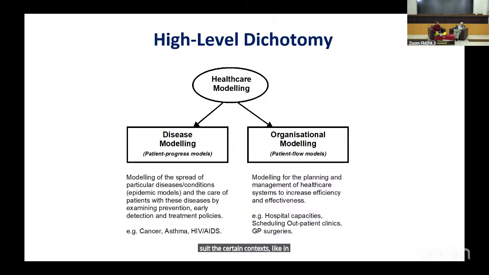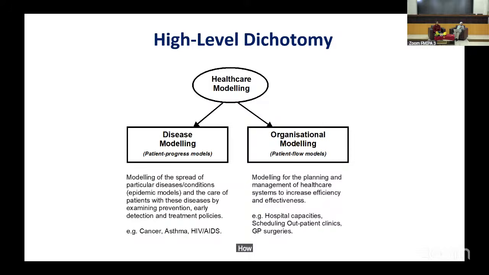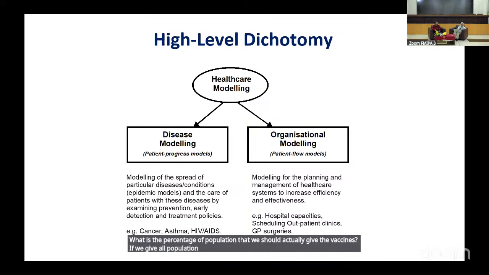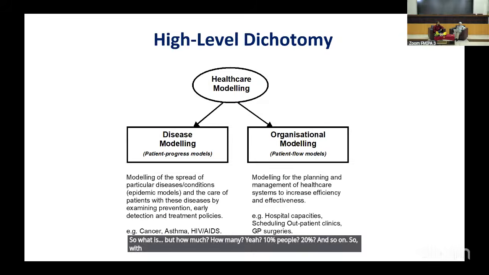Like in COVID-19, maybe the authority implements social distancing. Or how many vaccines should we provide? What is the percentage of the population that we should actually give the vaccines? If we give the whole population the vaccine, it could be quite costly, right? But if we give some of it, how much? 10% of people, 20%, and so on. So with the data, we can model this. This is modeling.